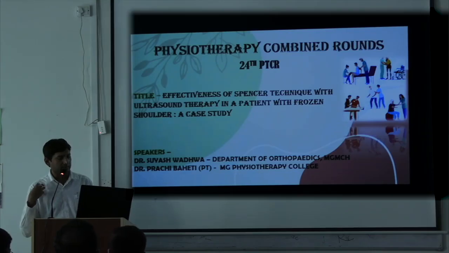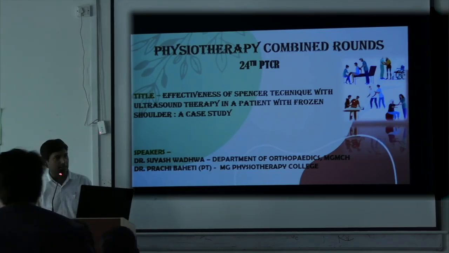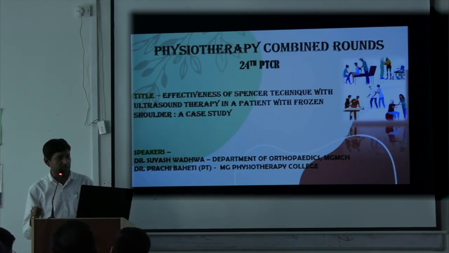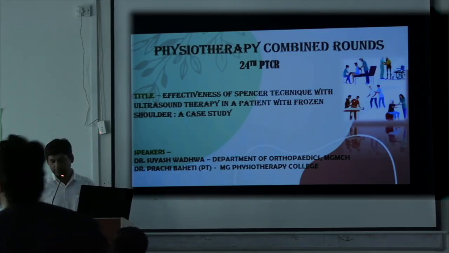Because of the capsular tightness, we see restriction of external rotation and abduction.